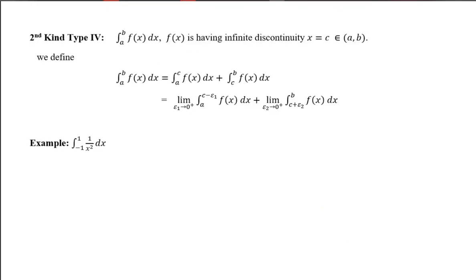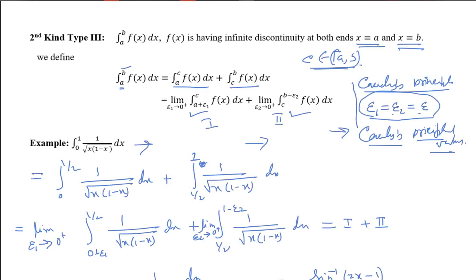Sir, can you repeat the Cauchy's principal value? Cauchy's principal value: if in this limit we choose epsilon 1 equal to epsilon 2 equal to epsilon, and then we find the limit, whatever value you get is called the Cauchy's principal value.